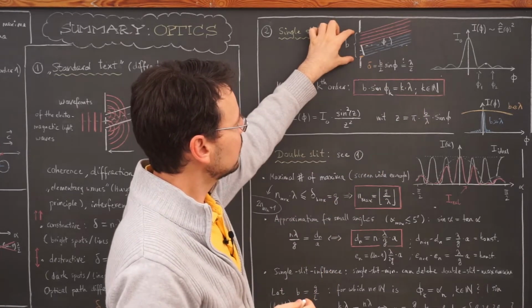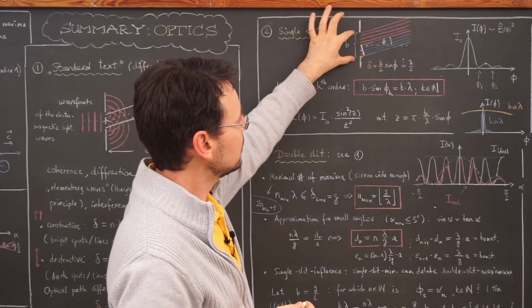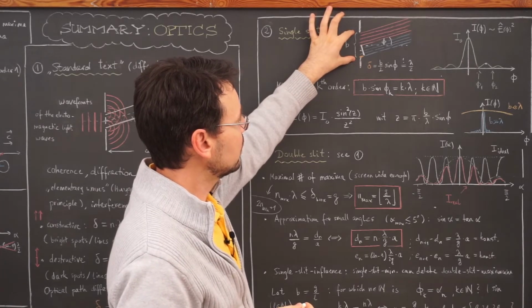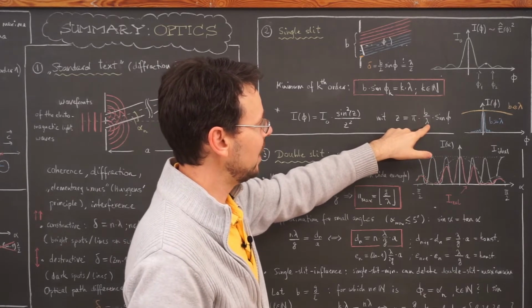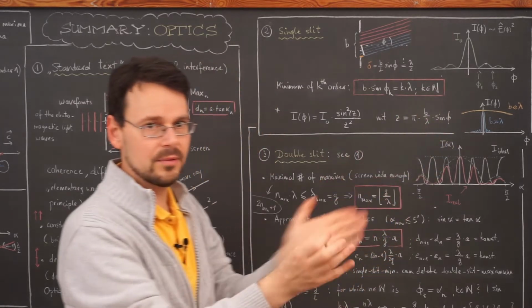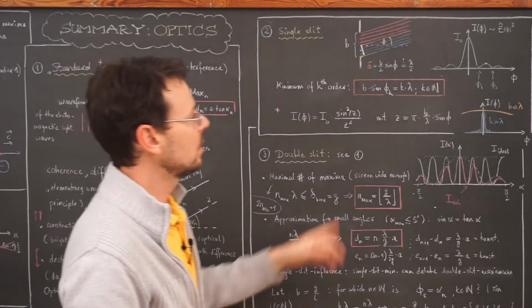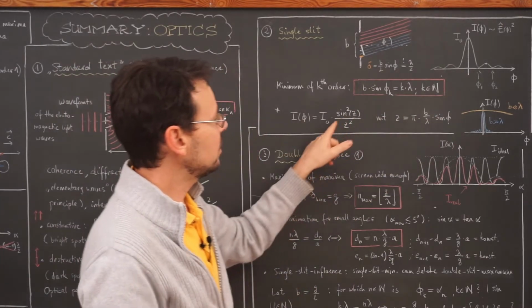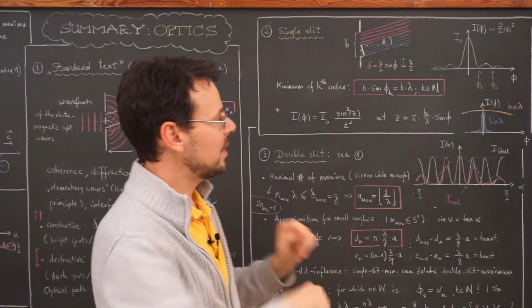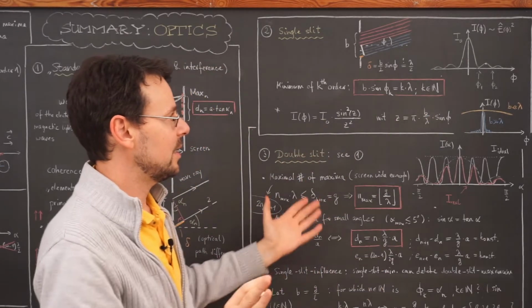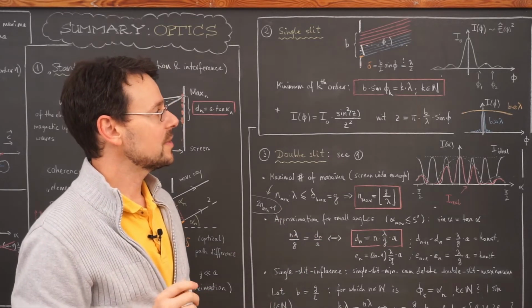Of course, we need to have a dependency on the width of the slit, B. Of course, it must depend on the wavelength and of course on the angle under which I'm looking at the screen. And if you plug this in here and plot a curve for given values of b and lambda, then you get exactly the intensity curve for a single slit.